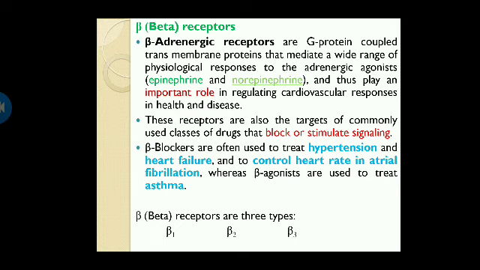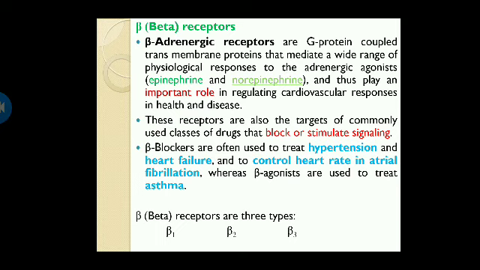These receptors are also targeted by commonly used classes of drugs that block or stimulate signals of the human body. Beta blockers are often used to treat hypertension, heart failure, and to control the heart rate in atrial fibrillation, whereas beta agonists are used to treat asthma.